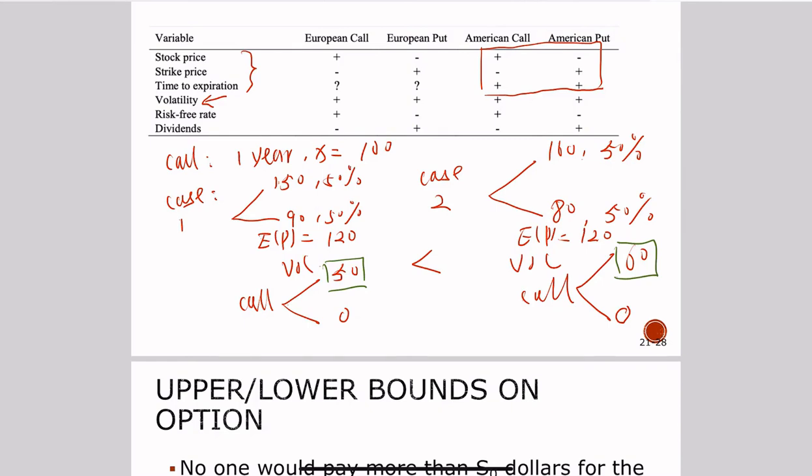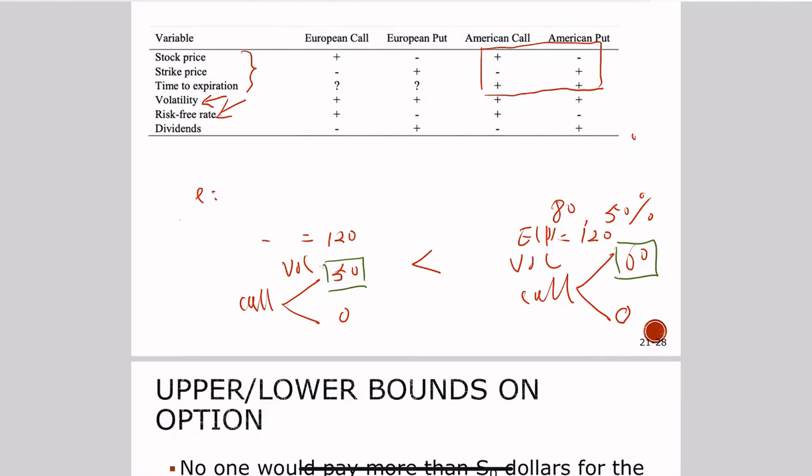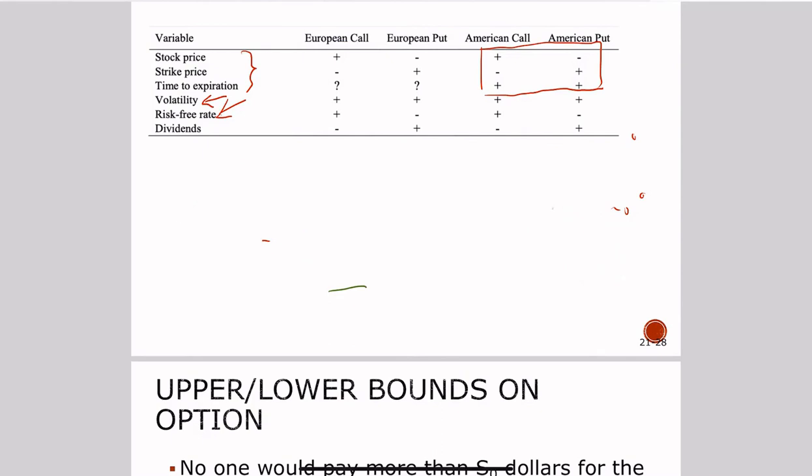Now, what about the risk-free rate here? What I can see here is the risk-free rate will actually make call more valuable and make put less valuable. Right? How do you get this result? The explanation to this result is to think about the exercise price, right? So you can see that for a call, if risk-free rate is higher, this implies the present value of exercise price is lower, right?